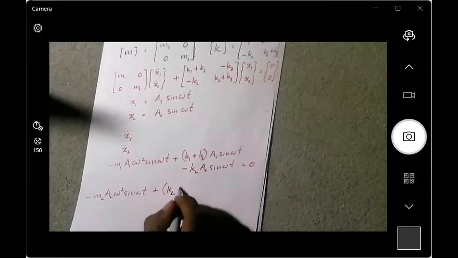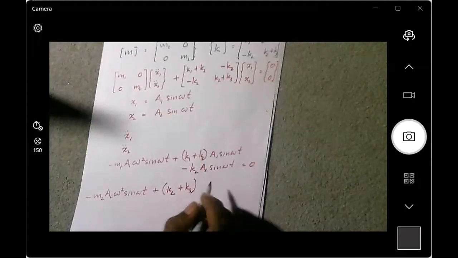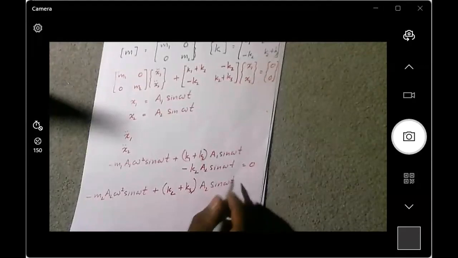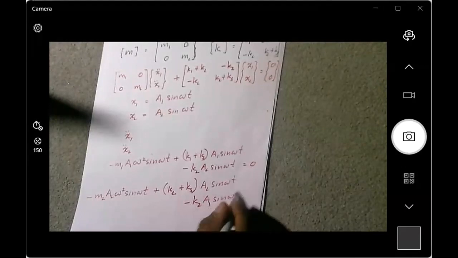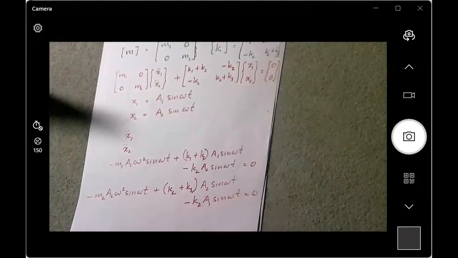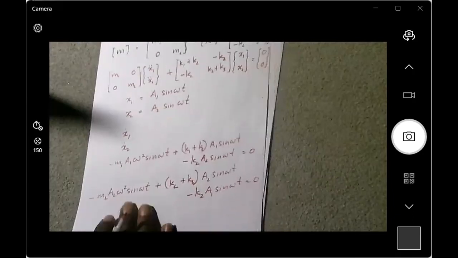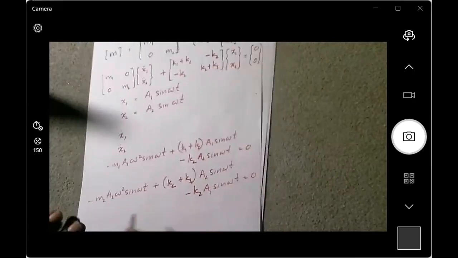K2 plus K3 A2. You know how to get this one, right? Just put the values in your governing equations. Right? Now you can remove sine omega t because it is definitely not going to be 0. We will end up with these two simple equations.